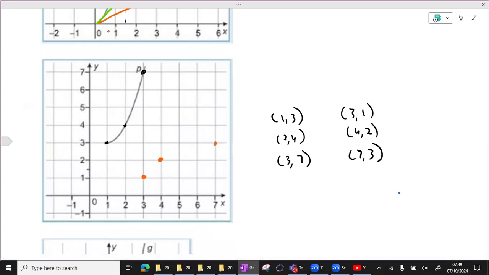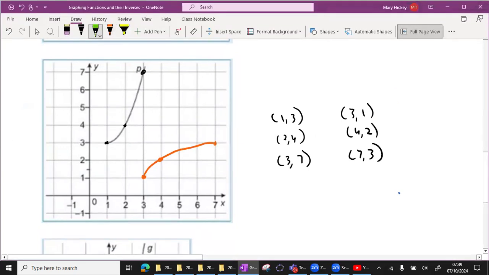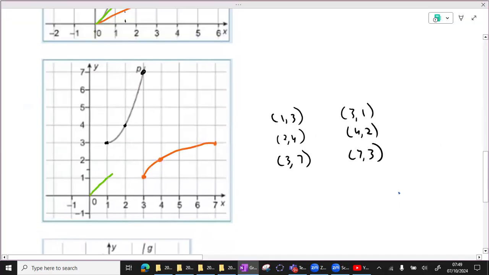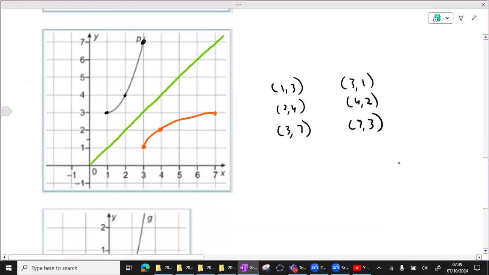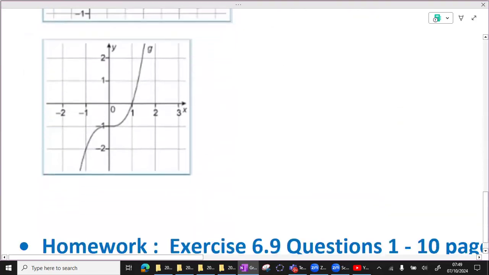Okay. So there we go. And again, if I put in my y equals x line, would the black print onto the orange if I folded it across where the green is? Absolutely. So we know that it is an inverse.